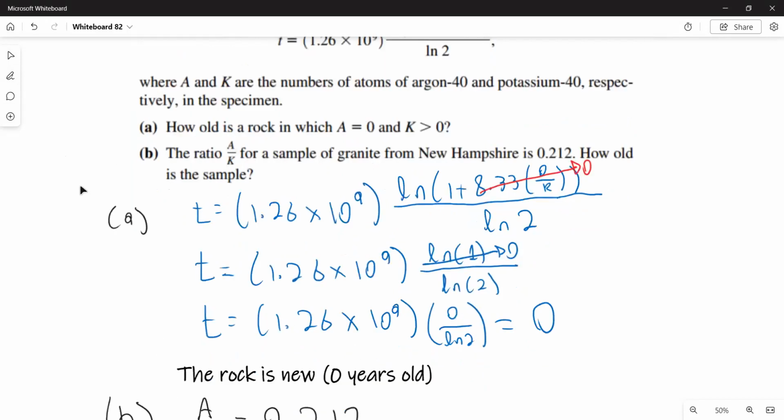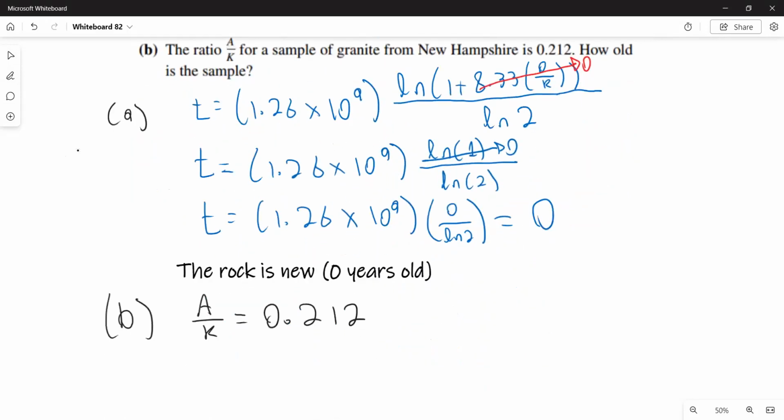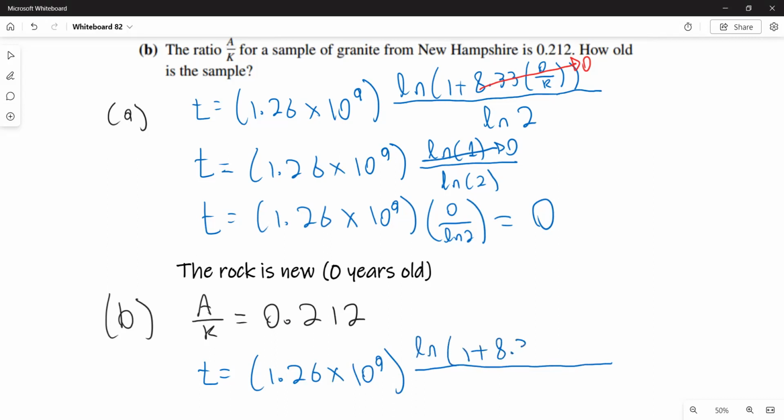This is T, the age of the rock, is 1.26 times 10 to the 9th times the natural logarithm of 1 plus 8.33 times 0.212 over the natural logarithm of 2.